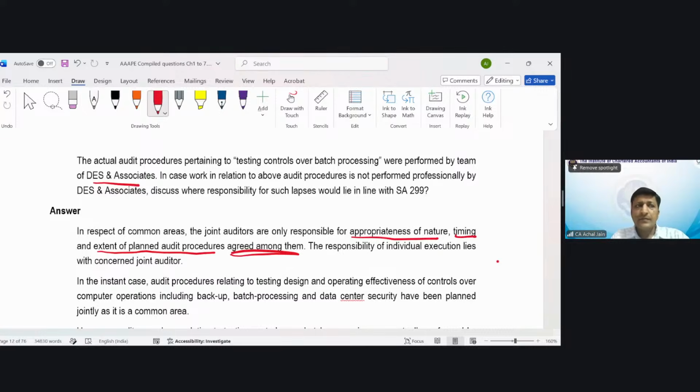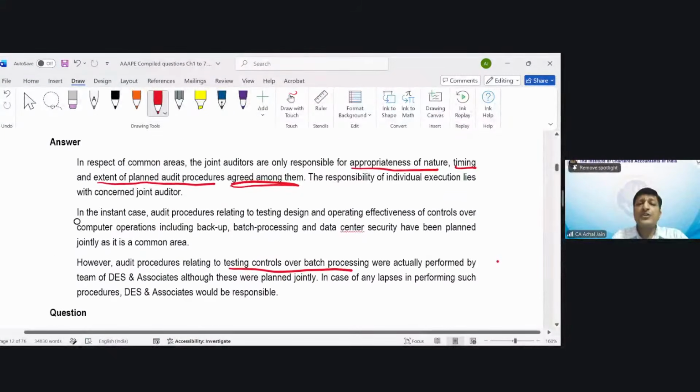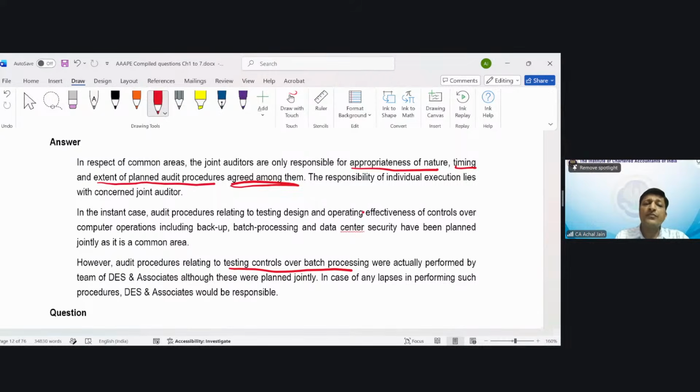Undoubtedly. Yes or no? In the instant case, audit procedures relating to testing the design and operating effectiveness of controls over the computer operations, including backup, batch processing, data center security, have been planned jointly. Now, this was planned jointly. Why? Because it's a common area.